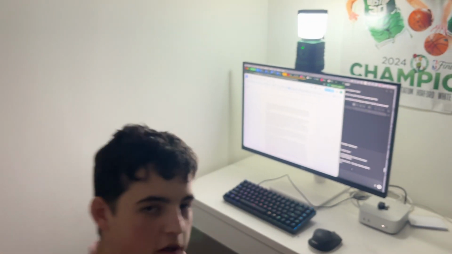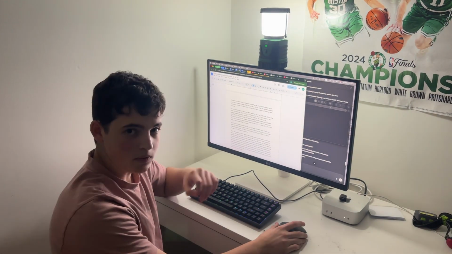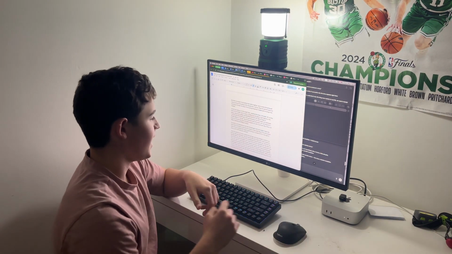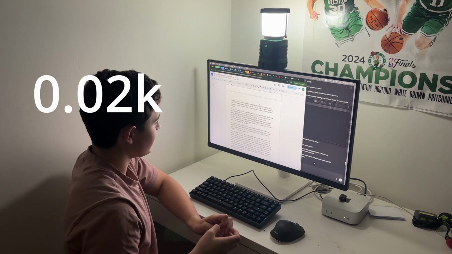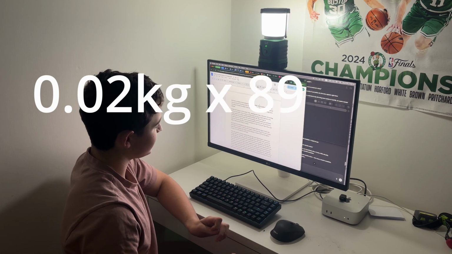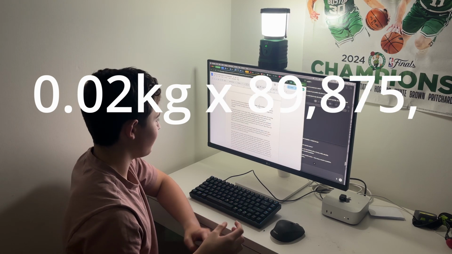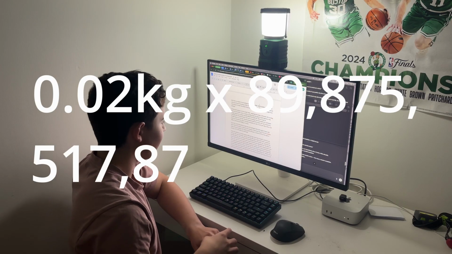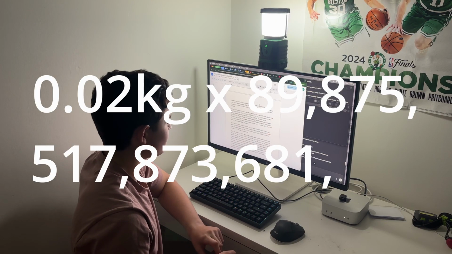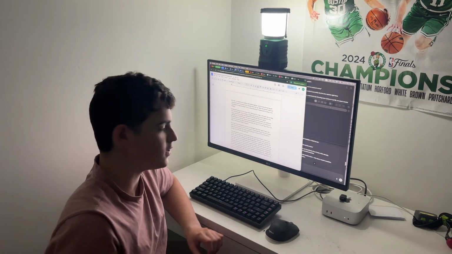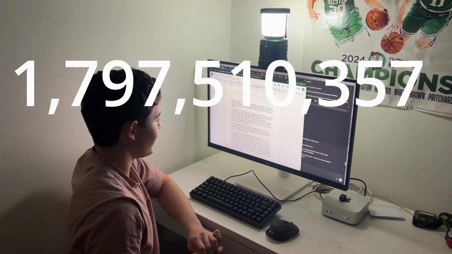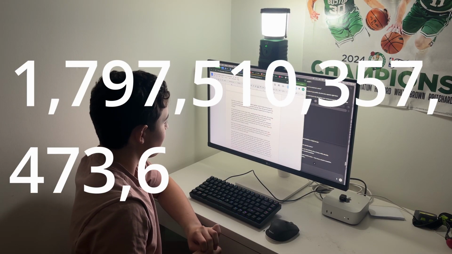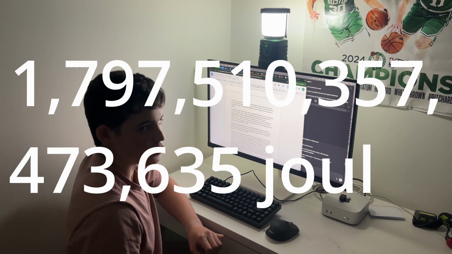Well, assuming this eraser is 20 grams, we can plug that into the formula, and E is equal to 0.02 kilograms times the speed of light squared, or 0.02 kilograms times 89 quadrillion 875 trillion 517 billion 873,681,764, which is equal to 1,797,510,357,473,635 quadrillion joules.